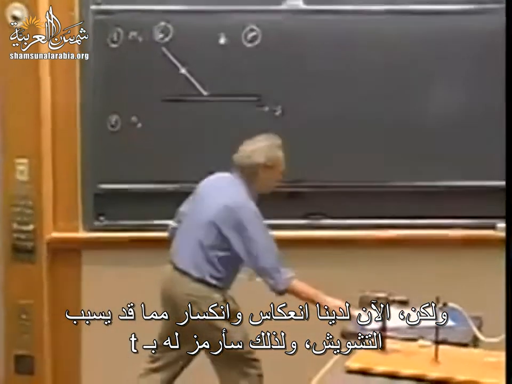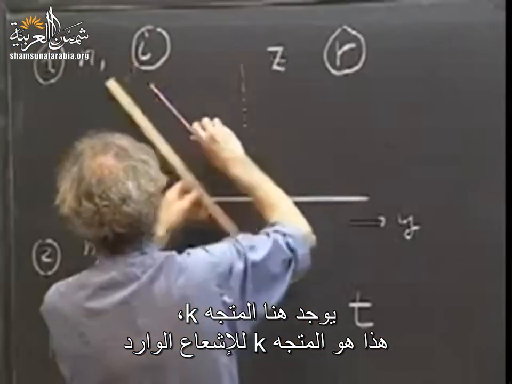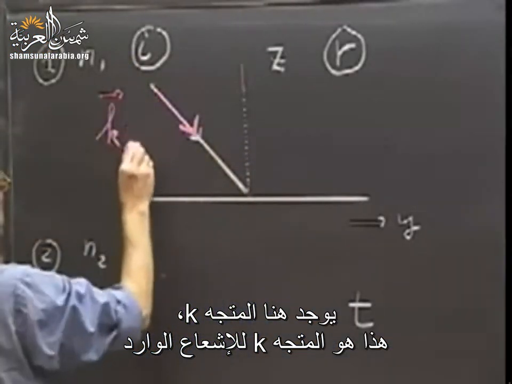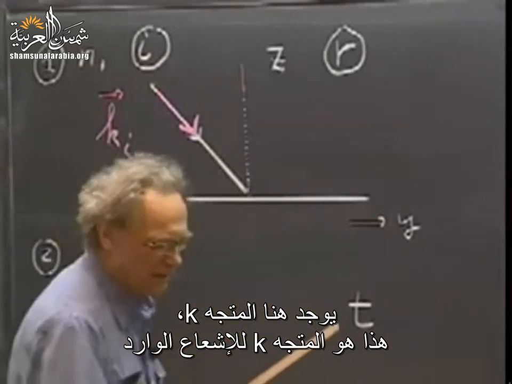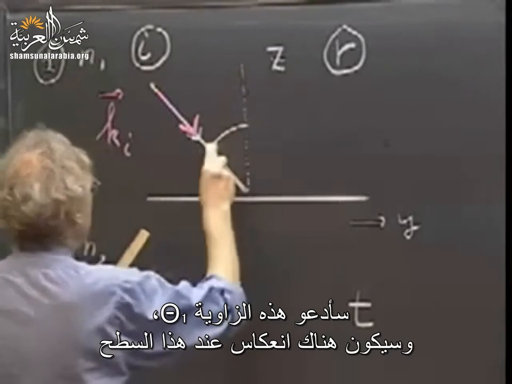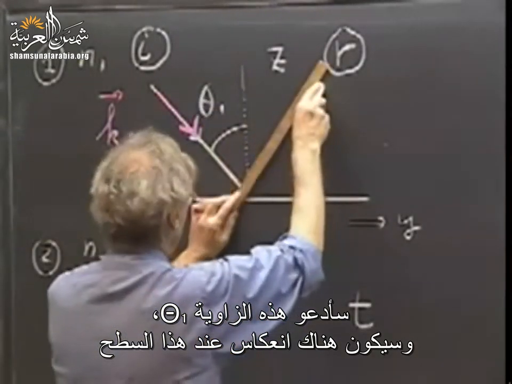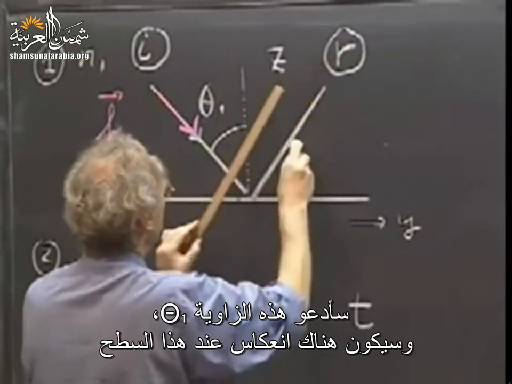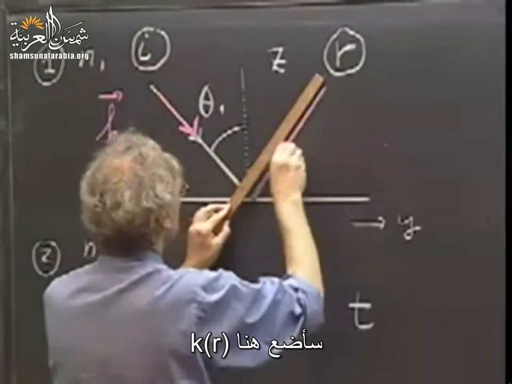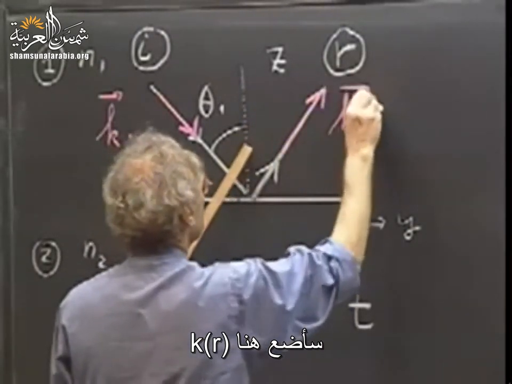And so there is here a k vector. And this then is k of the incident radiation. I call this angle theta 1. And then there will be a reflection at this surface. And so I'm going to put in here k reflected.